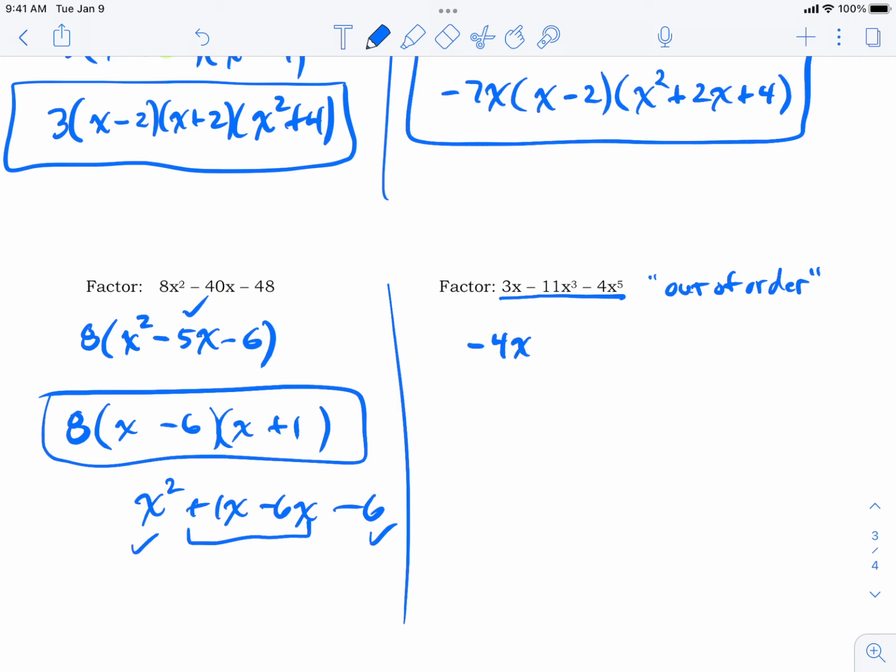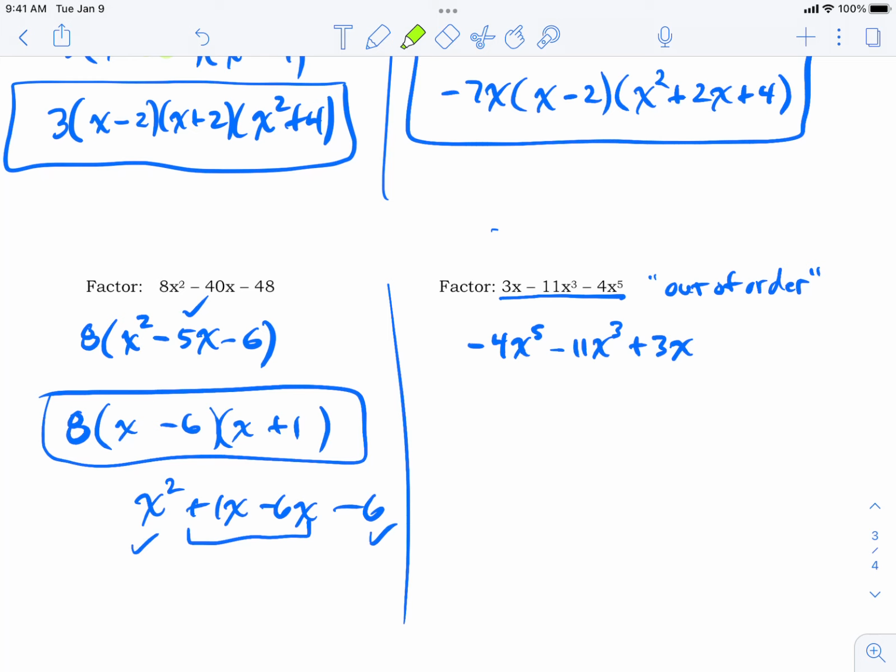I'm going to put it in order from highest exponent to lowest. So minus 4x to the 5th will go first. Then I'll put the negative 11x cubed. And then I'll put the 3x at the end. There we go. That to me is more comfortable to look at. Even though I got a negative here, which does make me squirmish, I still like having the big exponents first.